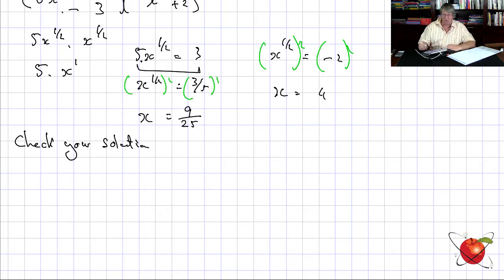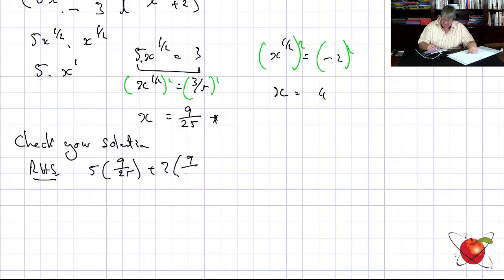Okay, how? Well, you go back to the top. You go back to the top. You go right-hand side, and I'm going to use this x first. I say that is 5 times 9 over 25 plus 7 times 9 over 25 to the power of a half minus 6.